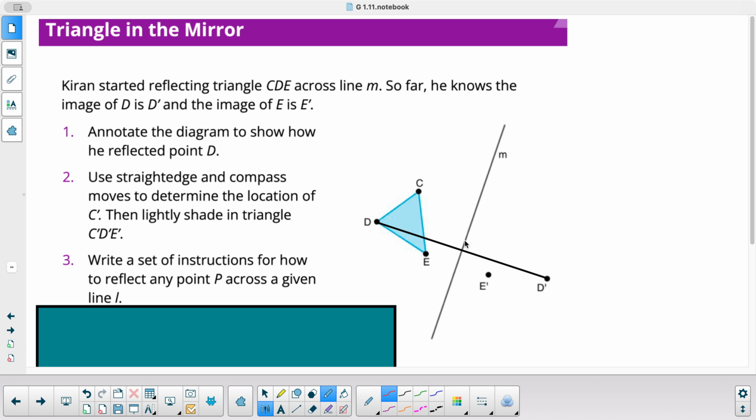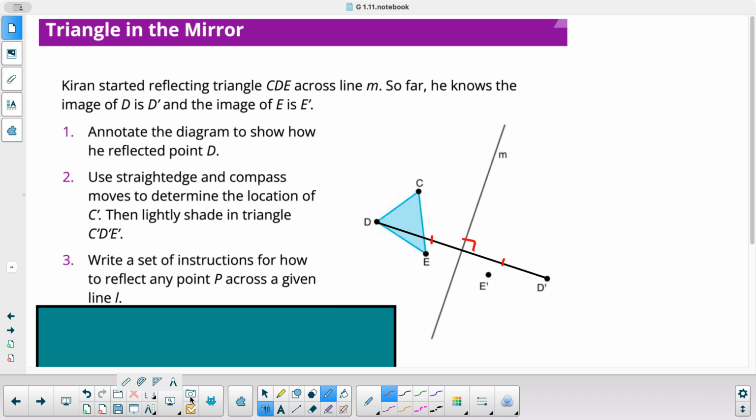And we know that this is perpendicular. We know that these segments are congruent. Use straightedge and compass moves to determine the location of C prime. So I need to basically create a perpendicular line that goes through C, perpendicular to M.